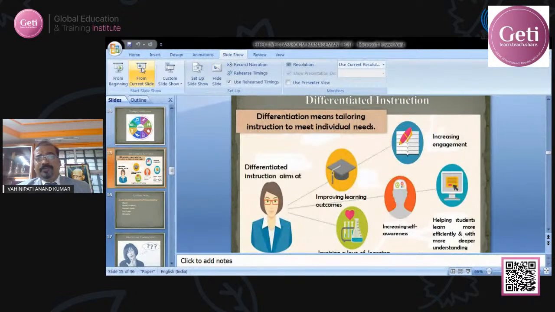So when we are having students with different intelligences, different tastes and choices, definitely we should have differentiated instruction also. Differentiated instruction is customized planning for every student, so that they can learn according to their own interests.